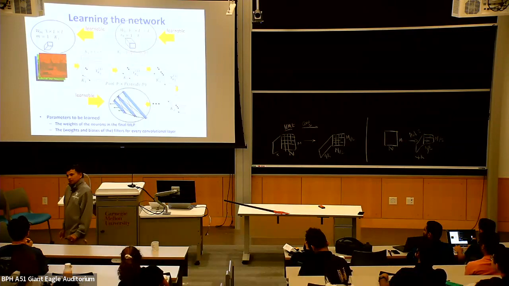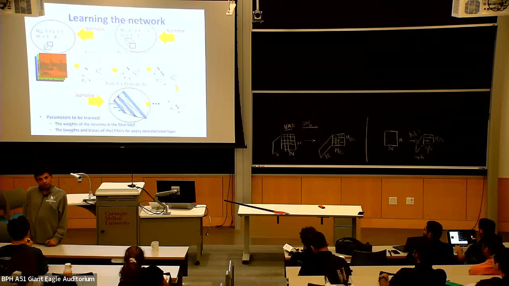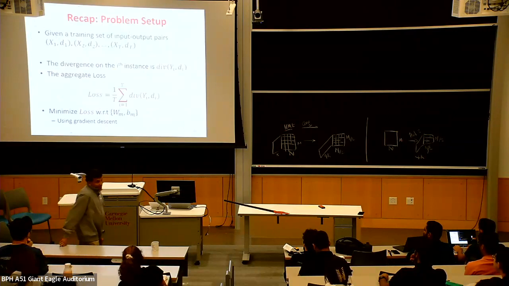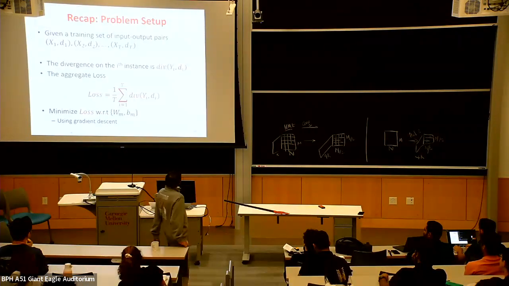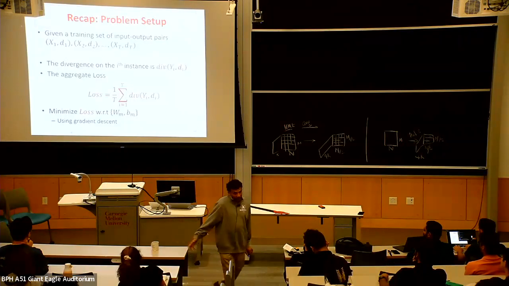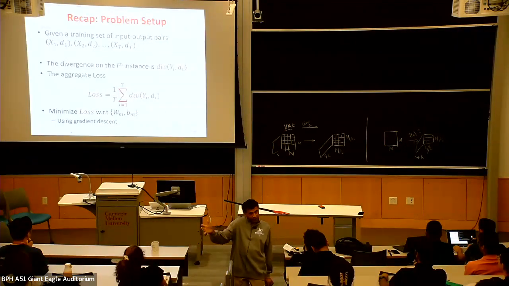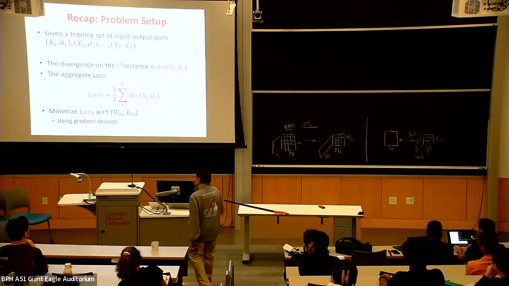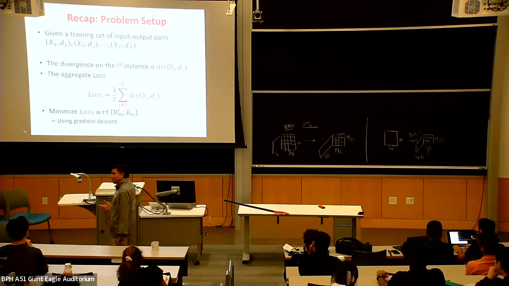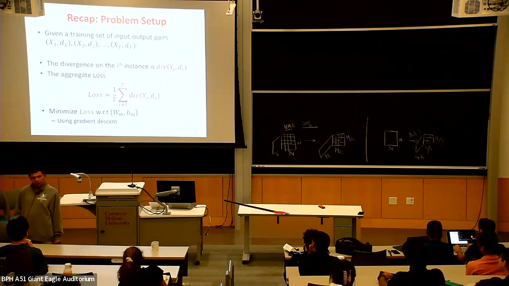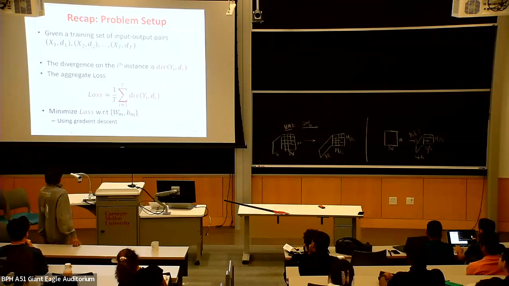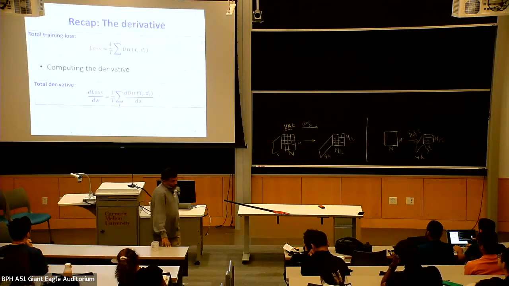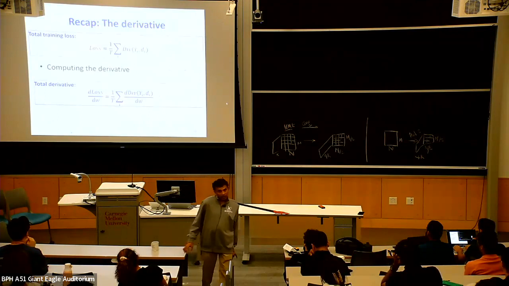So these are all the parameters we would want to learn. All of the filter parameters must be learned, and the MLP parameters must be learned. Now, how do we train this network? As before, we have a collection of training instances, each with the training instance and the class label. And we can define the overall loss as the average divergence over the collection of training instances. We want to use backpropagation to compute derivatives.